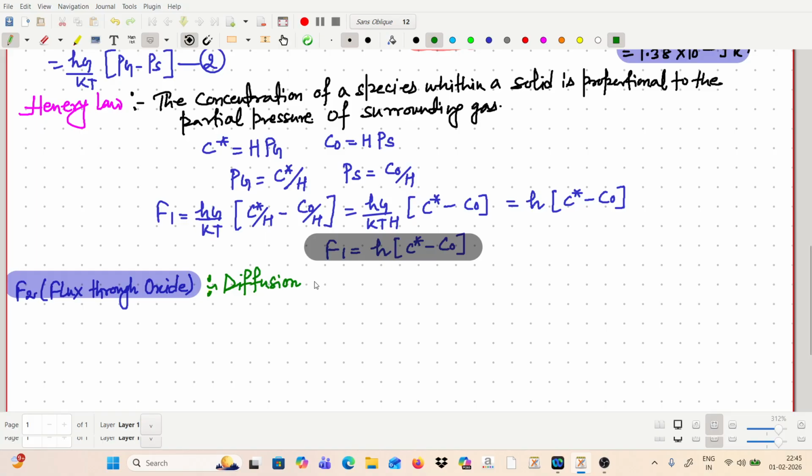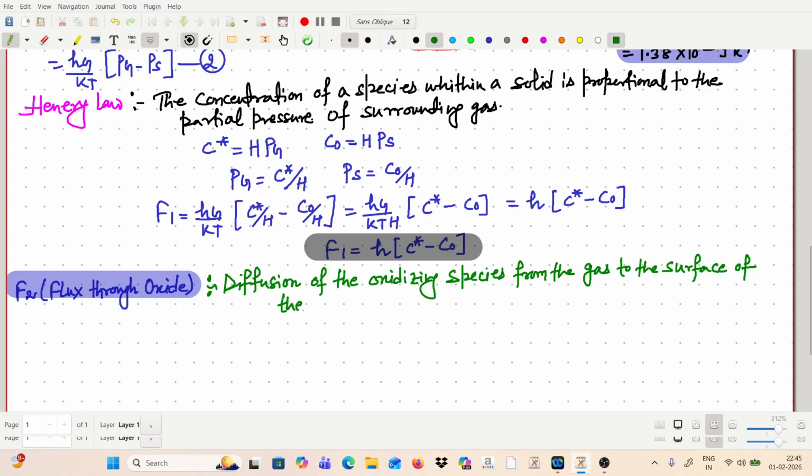So diffusion of the oxidizing species from the gas to the surface of the oxide.